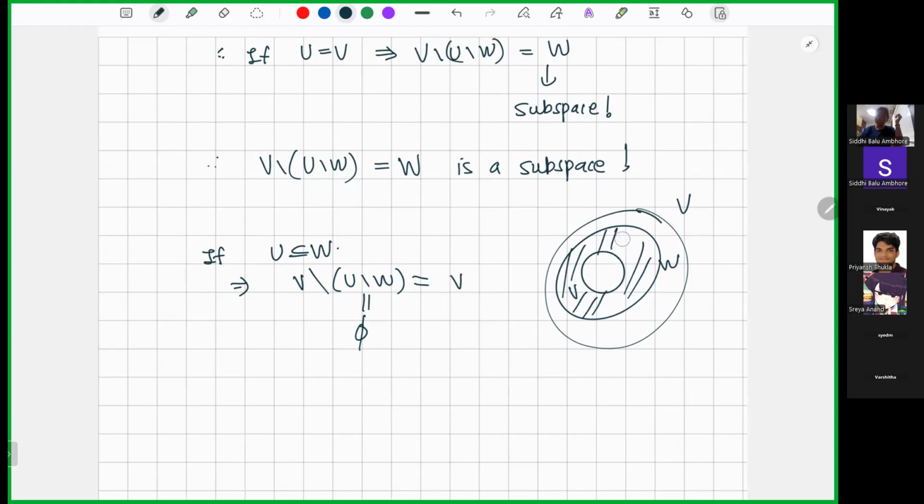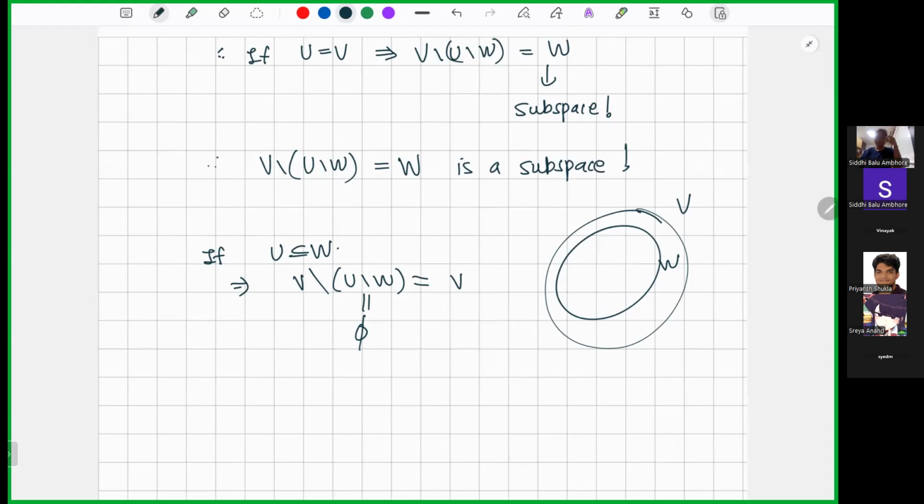oh no, sorry. U is completely contained in V. So when I take U complement intersection W, this will be the empty set. You can check this. This is what? U minus W, right?